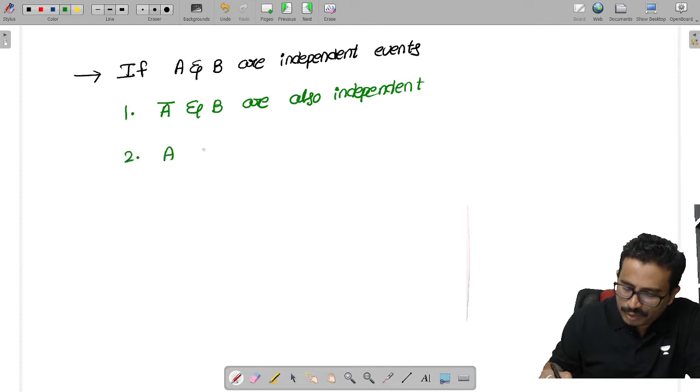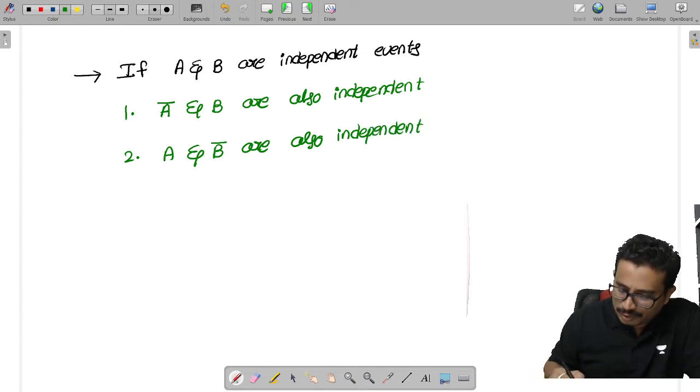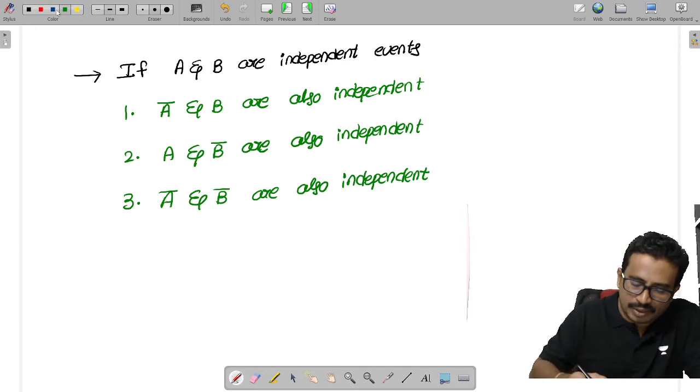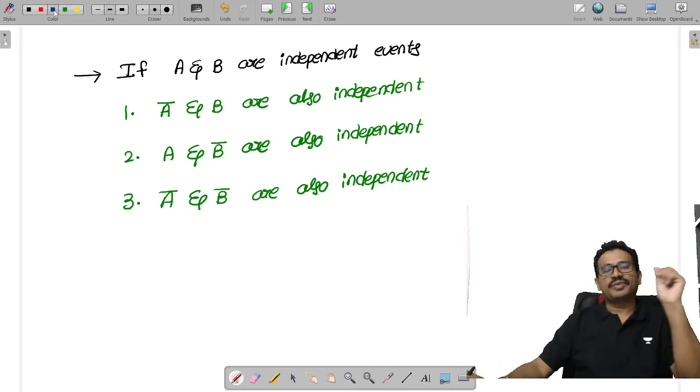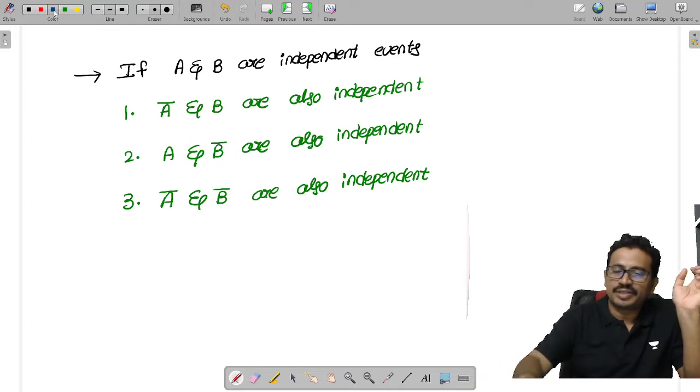Next, A and B bar are also independent. Third, A bar and B bar are also independent. If A and B are independent events, then A bar and B, A and B bar, and A bar and B bar are also independent.